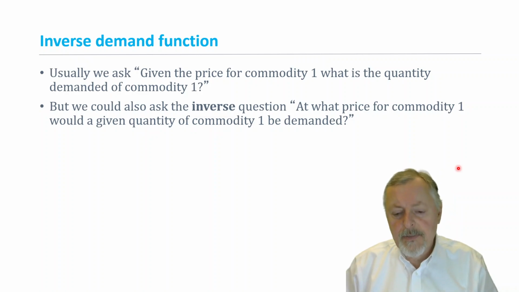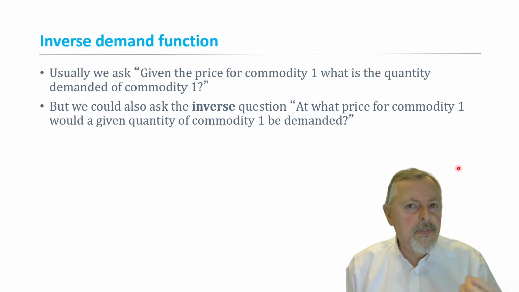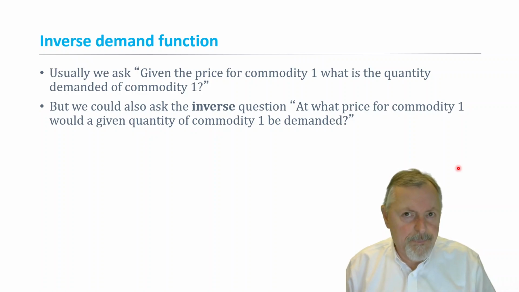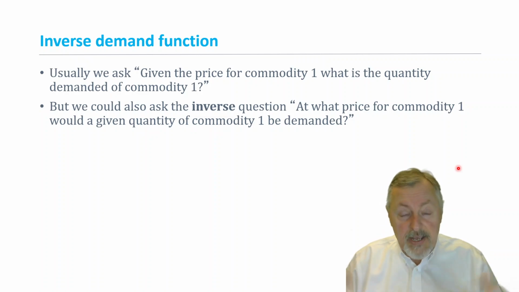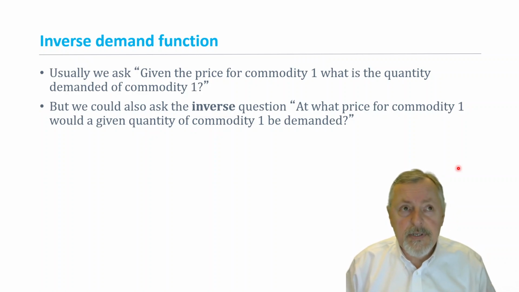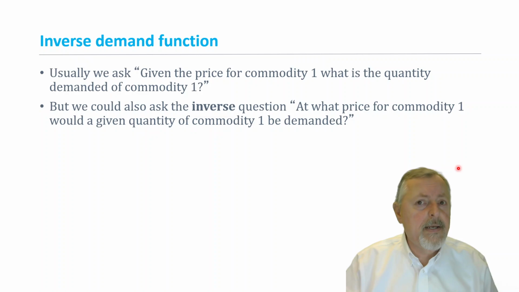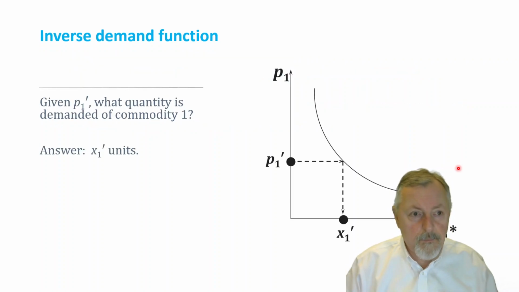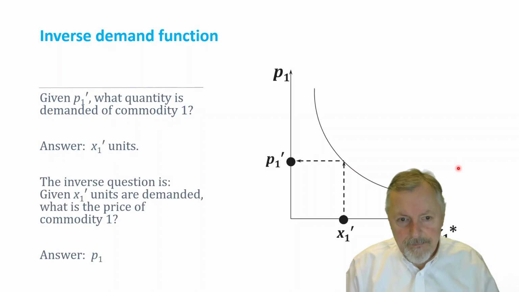Normally we ask, given this price, what's the quantity going to be? You can ask it that way, so you have the same information, the same relationship between price and quantity. You can just ask the other way around. You can say, well, if the quantity is this, what would the price have to be? It's the same thing.